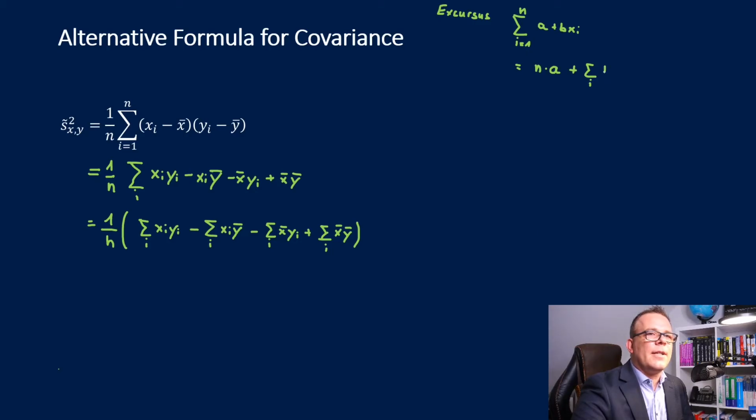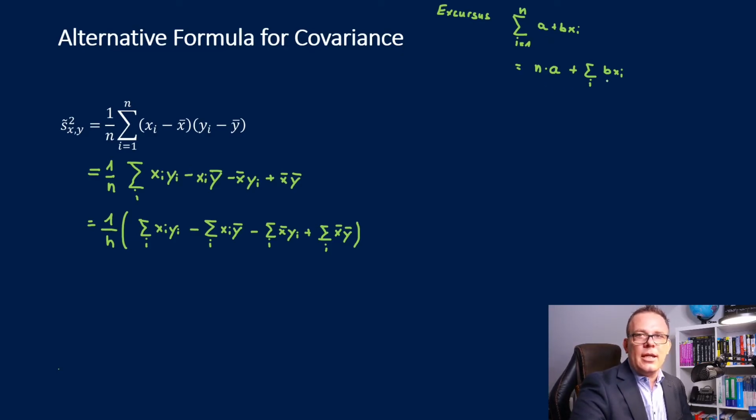I make my life easier again. Because this sum counts from 1 to n times a simple constant, like a, we count n times a, so we can write n times a.